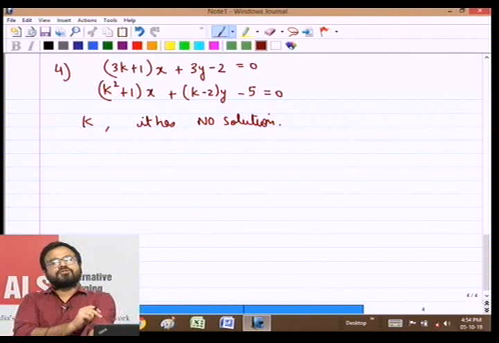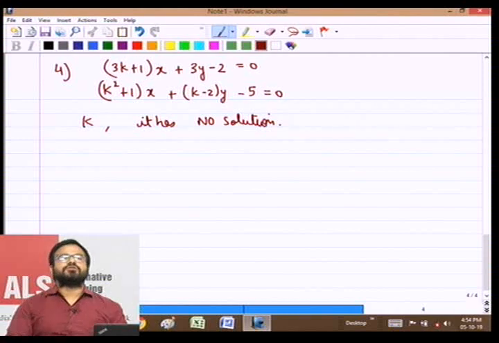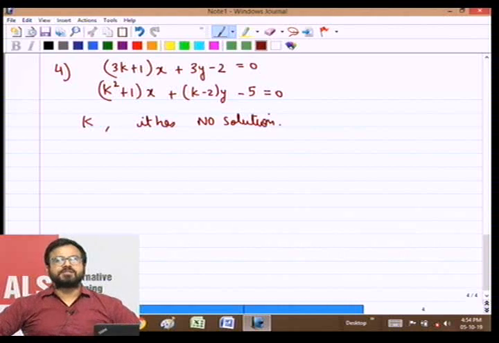There are three conditions you should remember. One is for unique solution, second one is for no solution, third is for infinitely many solutions.